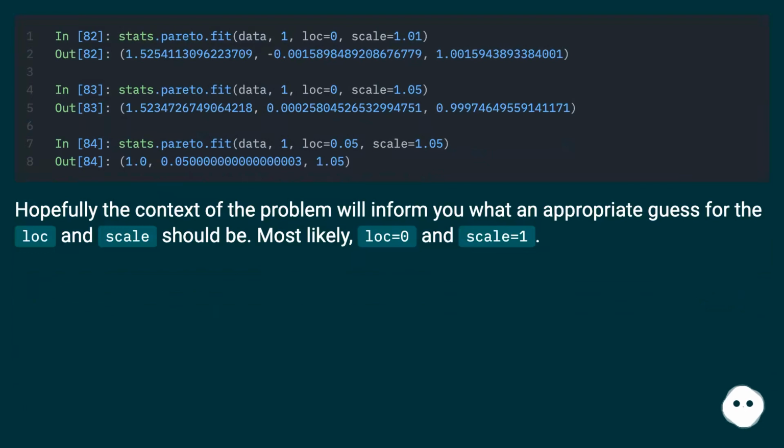Hopefully the context of the problem will inform you what an appropriate guess for the loc and scale should be. Most likely, loc equals 0 and scale equals 1.